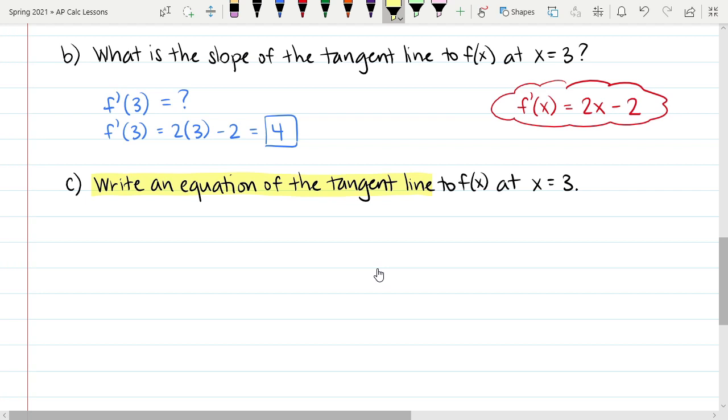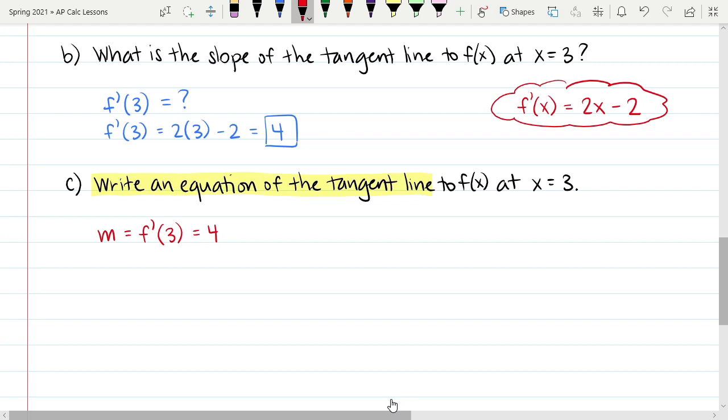Now, the slope of the tangent line, as you've heard me say multiple times, is the derivative. So the slope is the same as f prime of 3. But we just found in part B that that slope is 4.